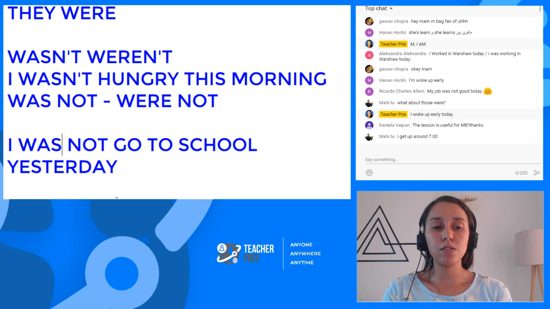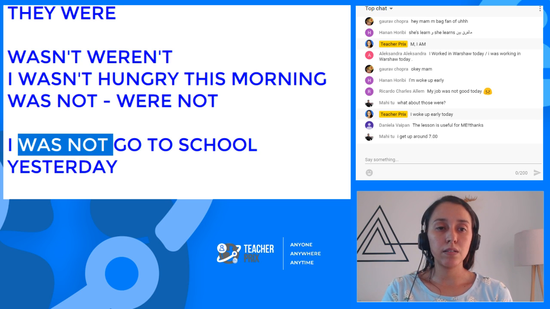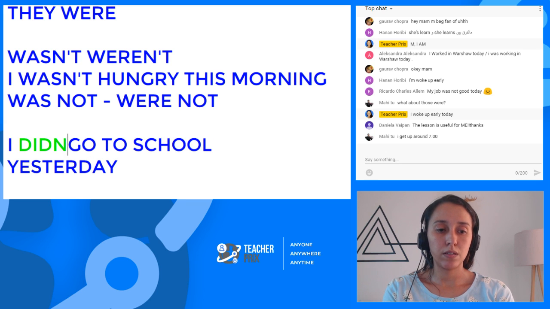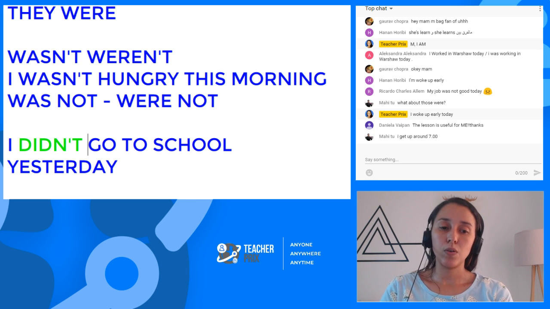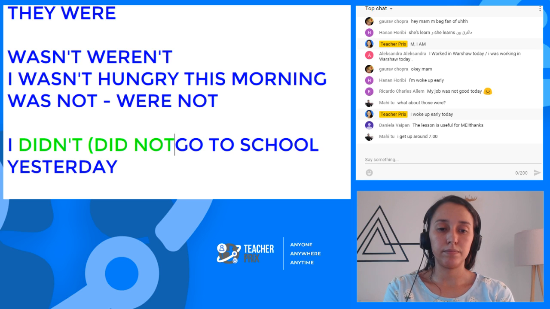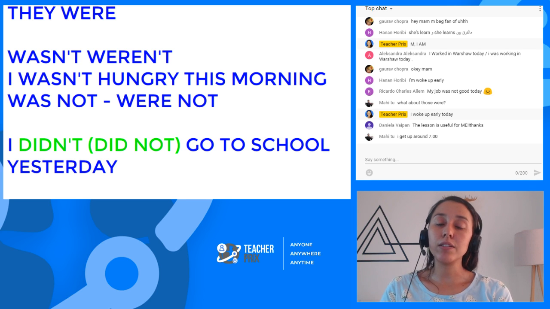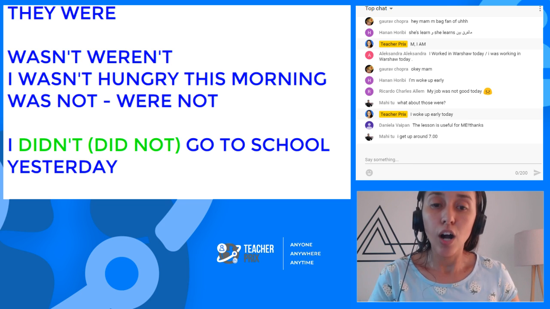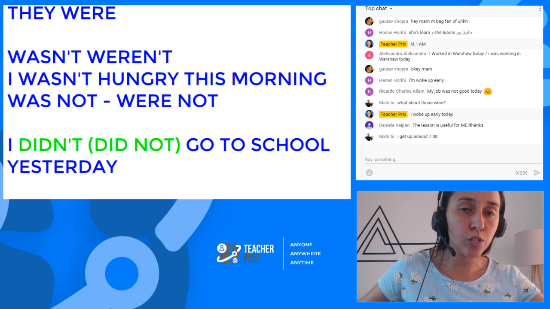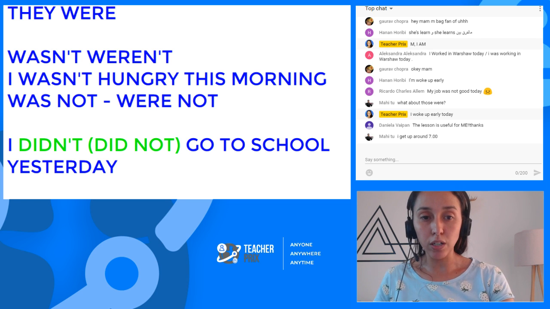So you don't need was not here. You need didn't or did not. I did not go to school. You cannot use verb to be here because verb to be doesn't give me the idea of movement, of going to one place. You need the verb go.